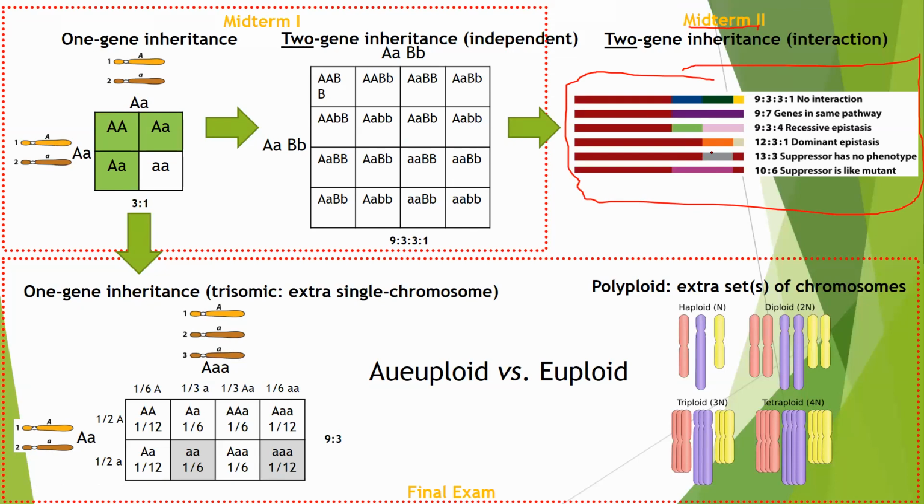How do you derive the map for the 3 genes on the same chromosome? And how do you calculate the genetic distance between each pair of the genes? So that's another topic. And also we use Neurospora, the haploid model organism, to do the mapping analysis. That's another major topic for the coming midterm.